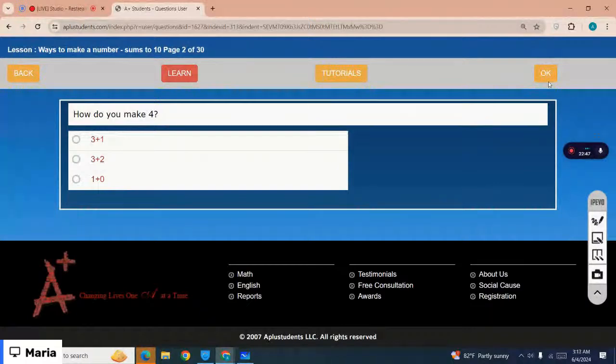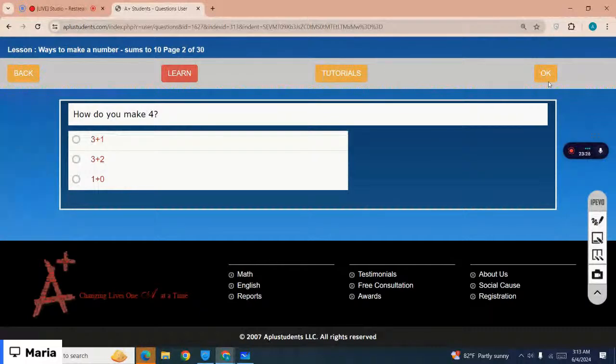How do you make 4? Which is the correct option? You have to select the one that makes 4.